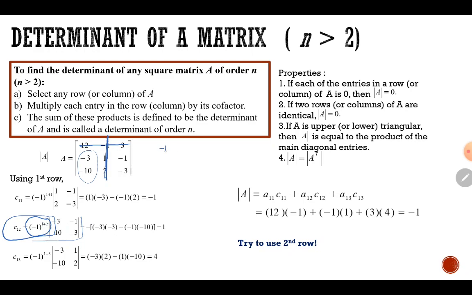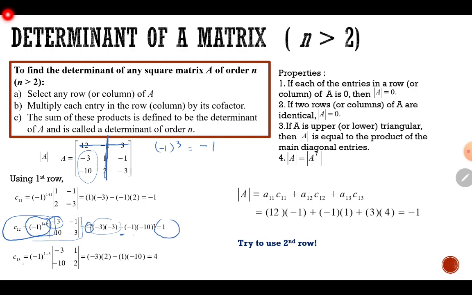So negatif 1 kuasa 3 adalah sama dengan negatif 1. So you see here in front of this one kita akan ada negatif kan. Okay, kita ada negatif kat sini. And this one still the same. Kita darab silang. Negatif 3 darab dengan negatif 3. Tolak dengan, okay, negatif 1 darab dengan negatif 10. So at the end kita akan dapat negatif 1 kat situ.